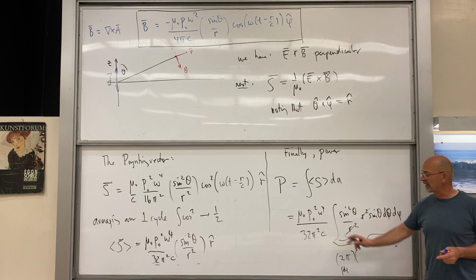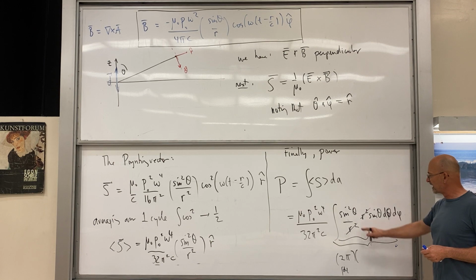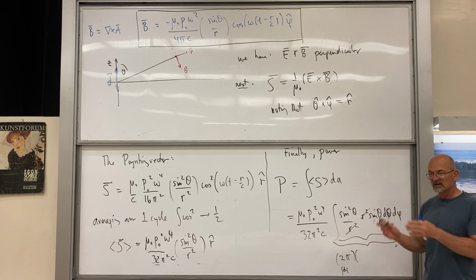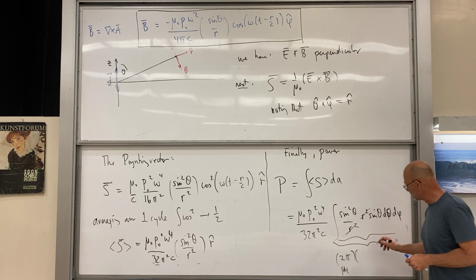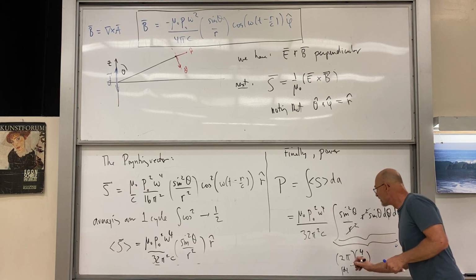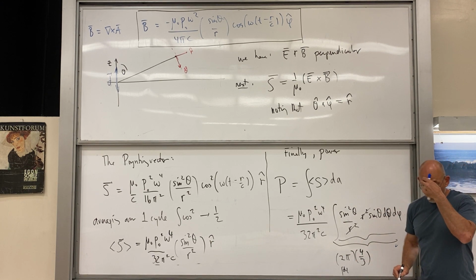Yeah, you can easily do that. The way I did it, I just wrote sine cubed as sine theta times 1 minus cosine squared, chop chop, right? You get both of those integrals, and that's 4/3. So that'll give us the power.